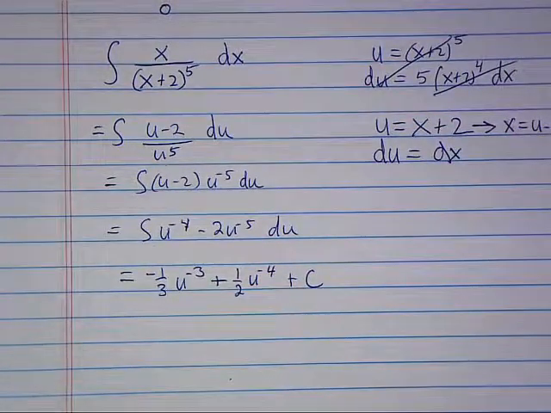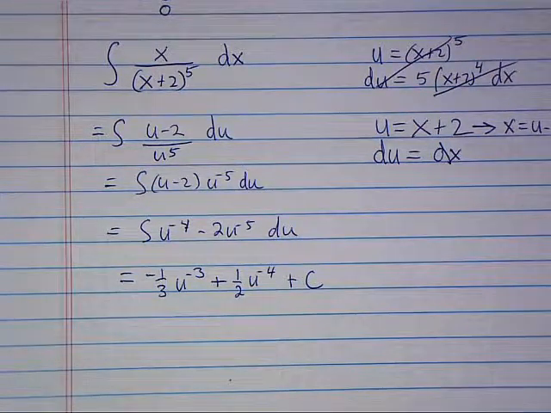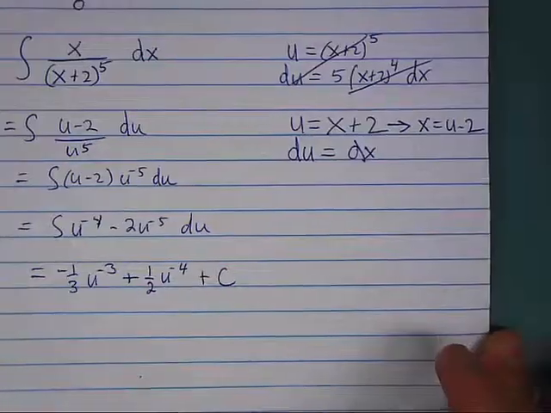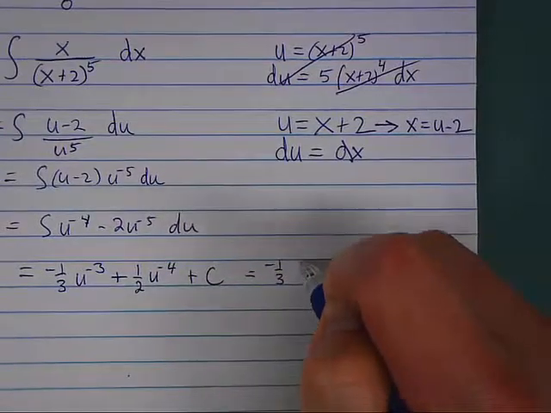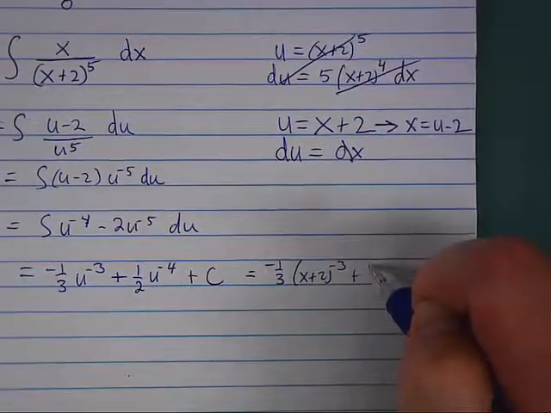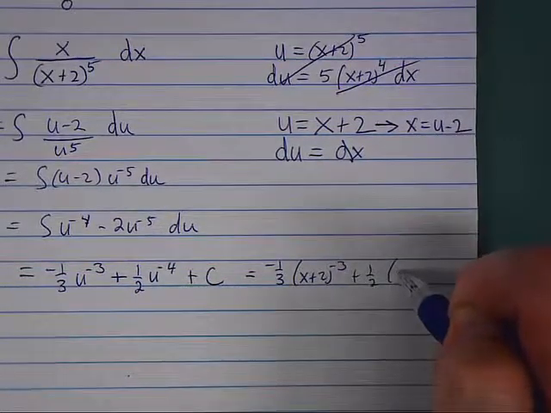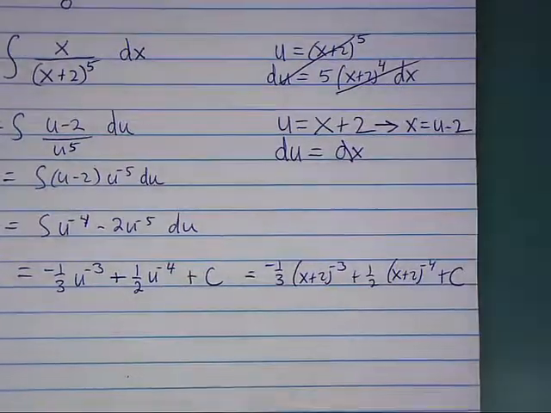Add one to my powers, divide by my new powers. And finally, my problem started with x's. My problem should end with x's, not end with u's. So I plug my x's back in. This is going to be negative 1/3 (x plus 2) to the negative 3 plus 1/2 (x plus 2) to the negative 4 plus c.